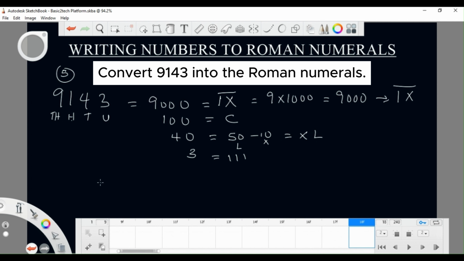So therefore, 9143 is equal to I bar X, C, XL, III. So this is our final answer.